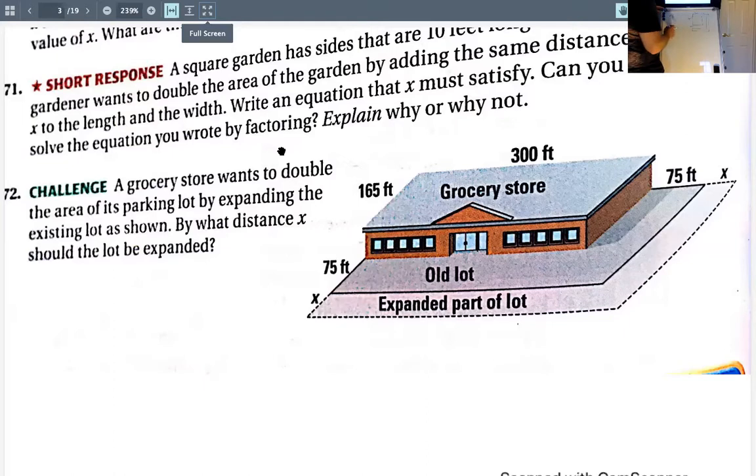So, 165 times 300 is 49,500. Oh, yeah, what am I doing?